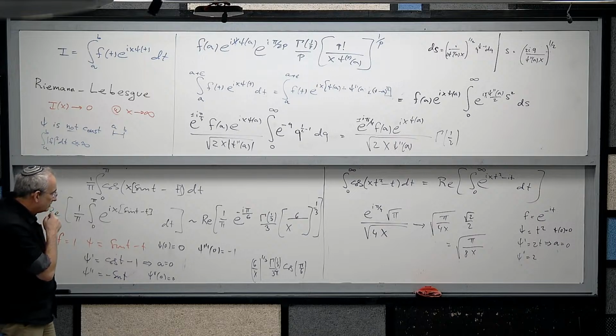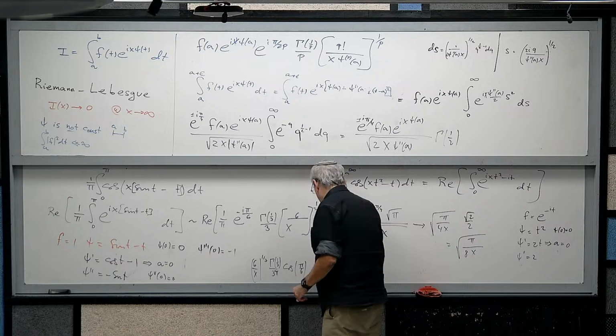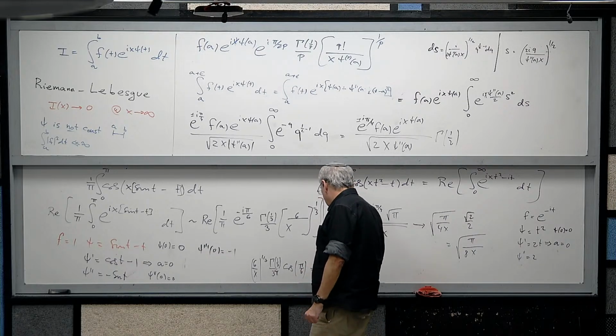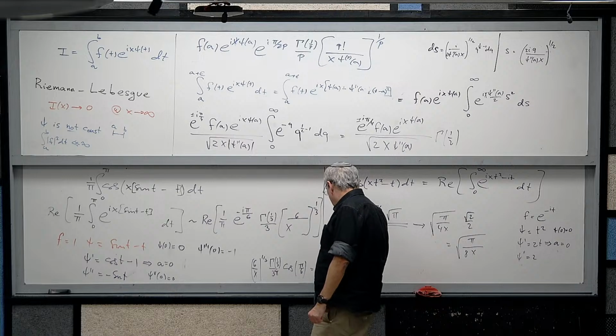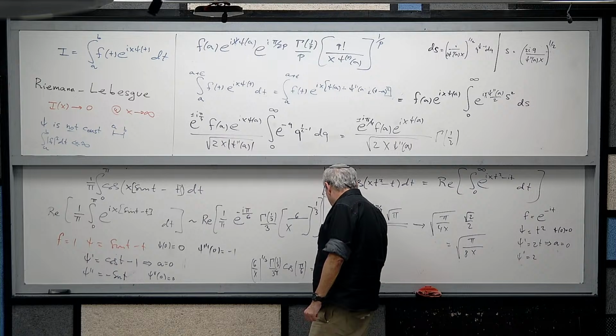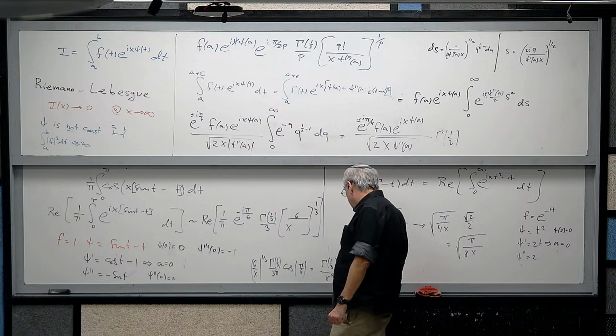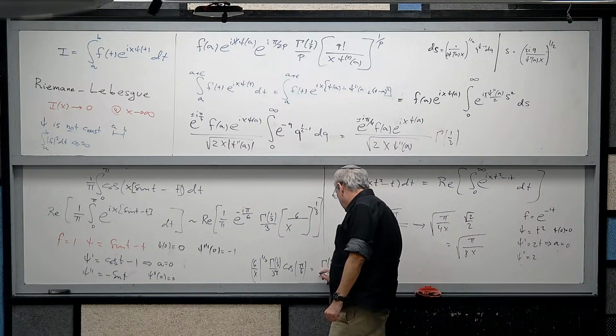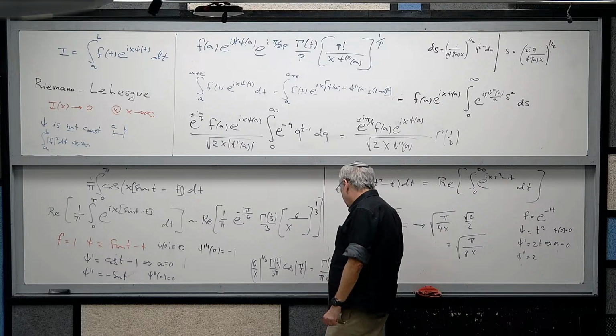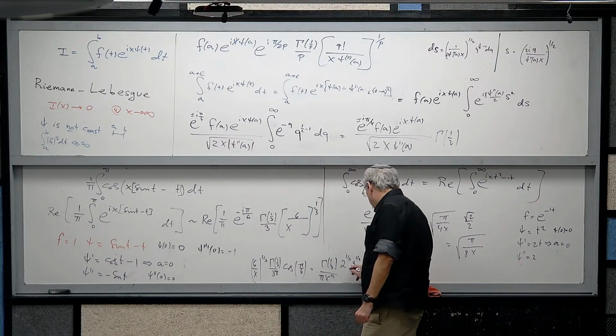So all in all, I have gamma of 1/3 divided by x to the 1/3, and now I have pi, and 6 to the 1/3, which is 2 to the 1/3 times 3 to the 1/3, divided by 3 times square root of 3 over 2.